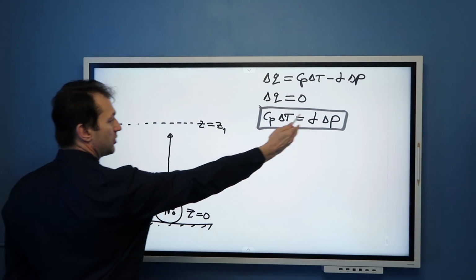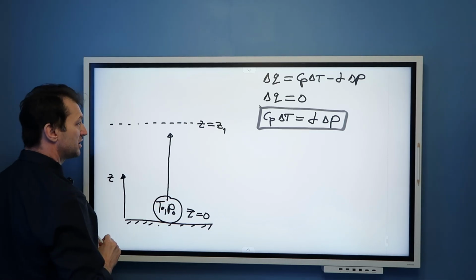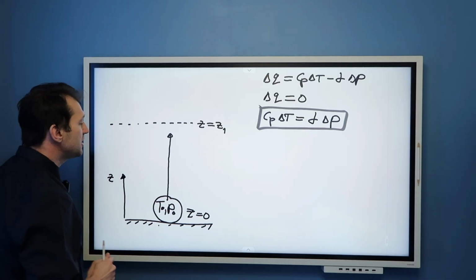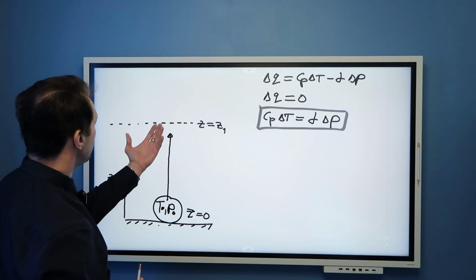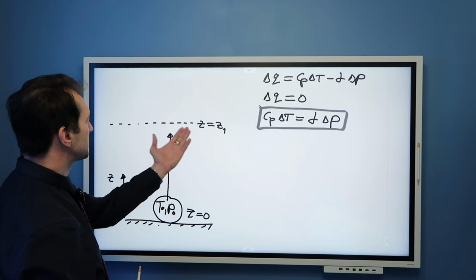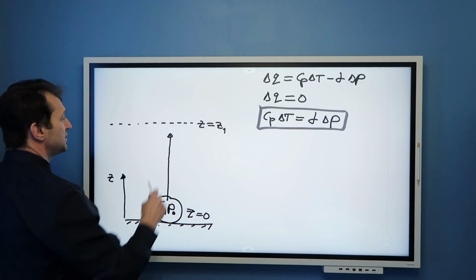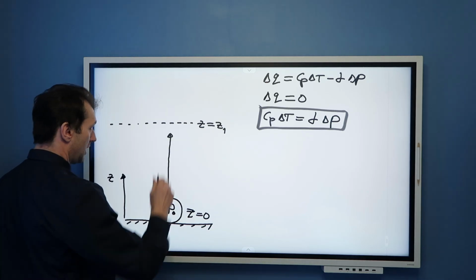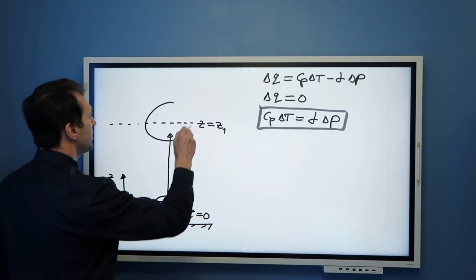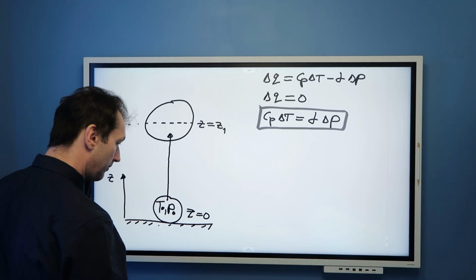Now, if we apply this concept to this parcel of air, can you guess what process this parcel of air will undergo when it reaches height Z equals Z1? Is it going to shrink or is it going to expand? Well, I claim it is going to expand. It will increase its volume.